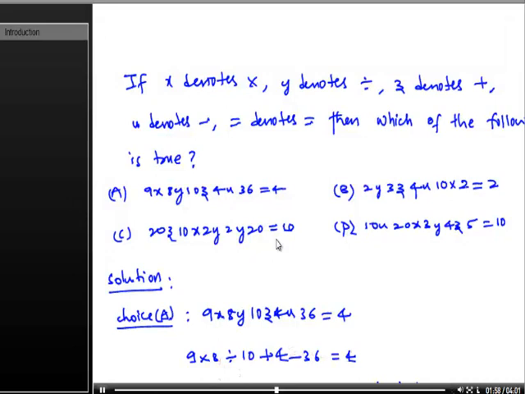This implies 2 divided by 3 plus 4 minus 10 into 2 is 20 is equal to 2. Here also in the LHS we'll get a decimal value, RHS is a whole number, which is a false statement. Now we'll check with choice C.